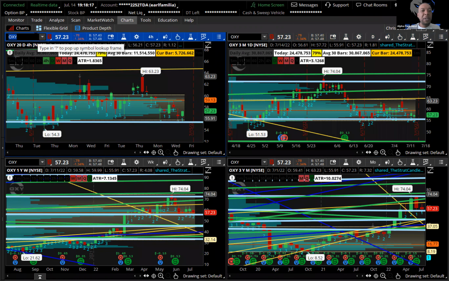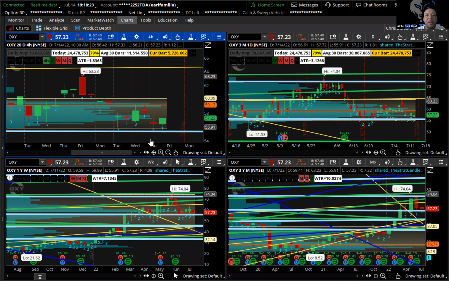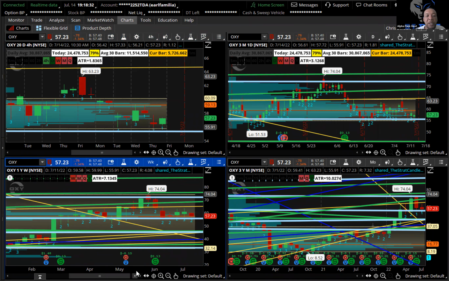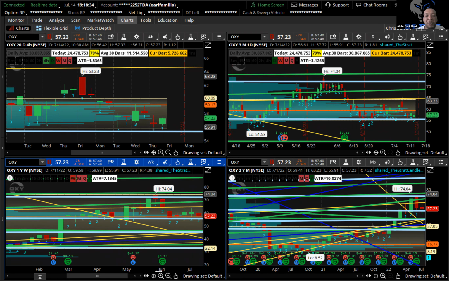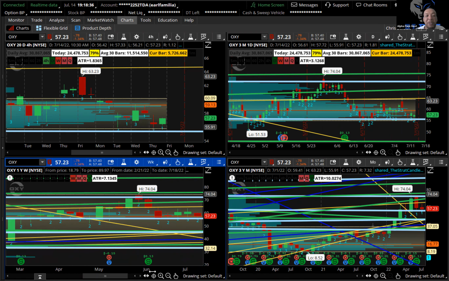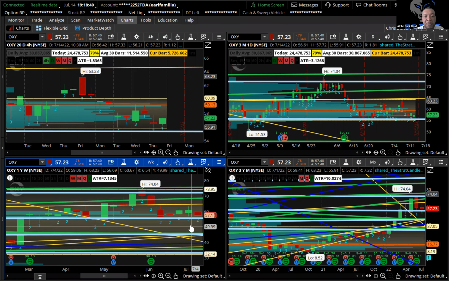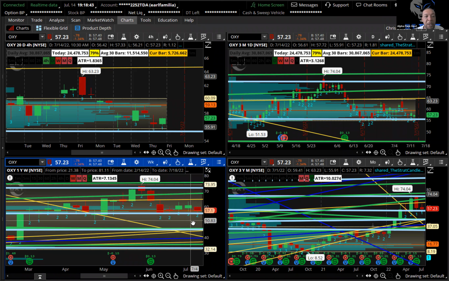I think one area we didn't cover was energy, and I wanted to point out that we are at a level on energy where we could see a little short move to the upside. As I previously mentioned, we are now out of seasonality on energy, so we don't have the benefit of the fundamentals in our favor.